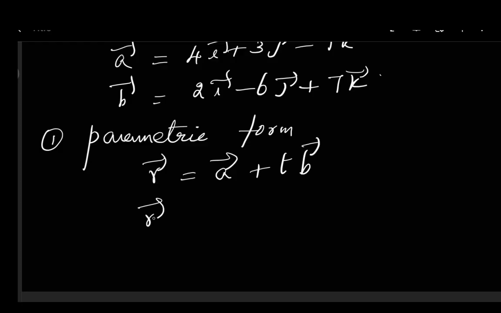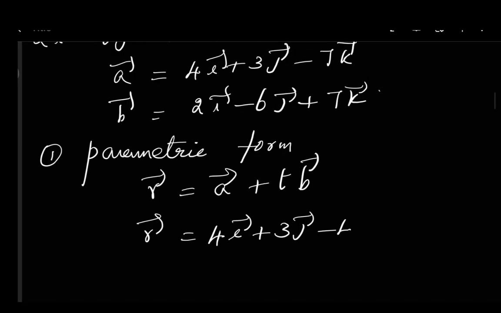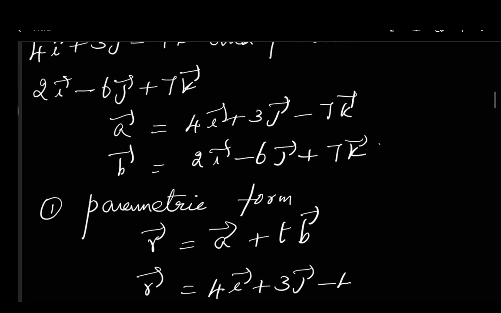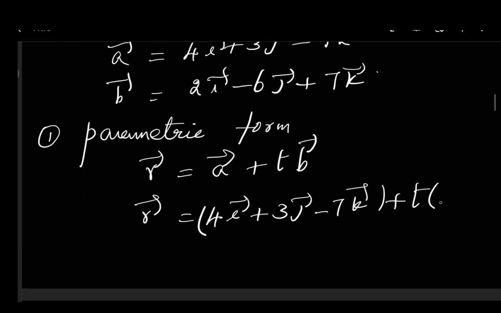So vector r is equal to 4i plus 3j minus 7k plus t into vector b, which is 2i minus 6j plus 7k. Now come to the non-parametric form. So this is the answer.